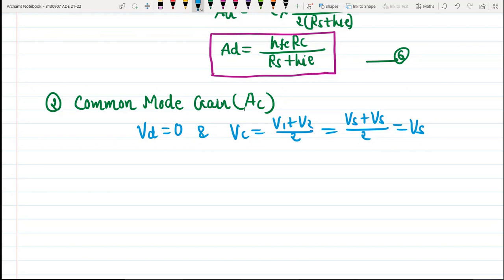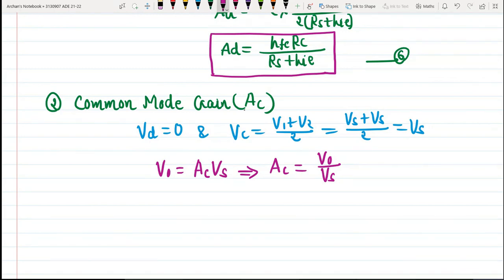Now we know how we are expressing the output. The output is expressed in terms of input Vs and common mode gain AC. So AC here is nothing but the ratio of output voltage to the common mode input voltage. But now we are operating the differential amplifier in common mode operation.